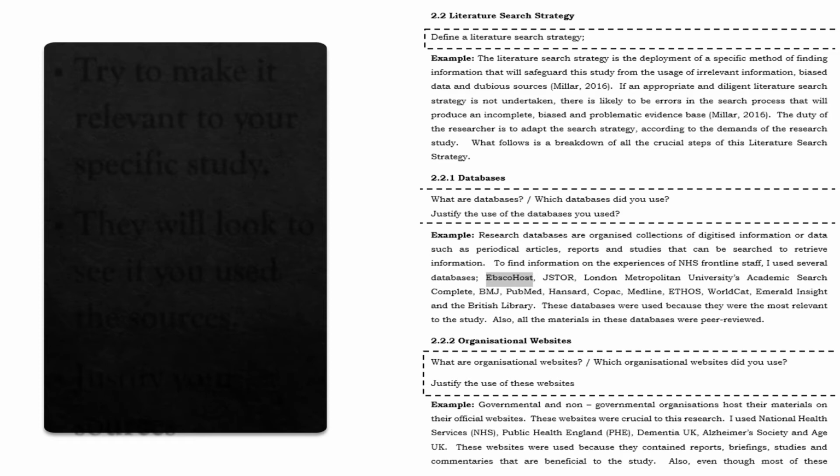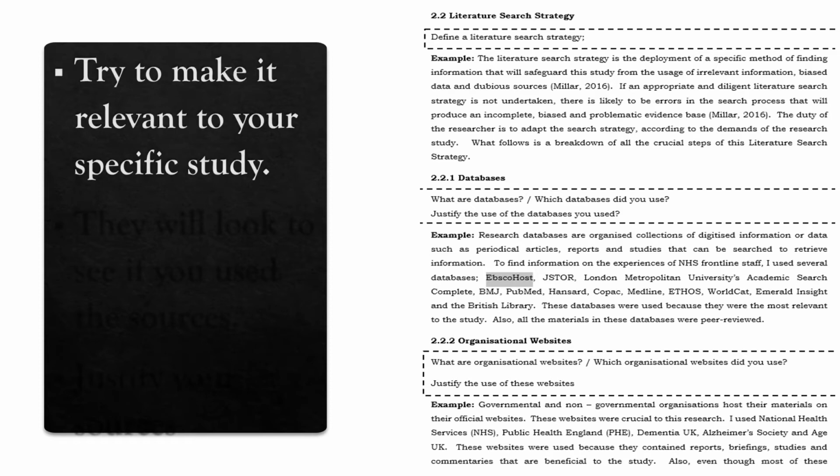Here is a breakdown of all of the crucial steps of your literature search strategy. You looked at databases, you looked at websites, used keywords, used Boolean operators. Whatever your search included, you'll state it within this section. And try to make it relevant to your specific study as we discussed in a previous slide.